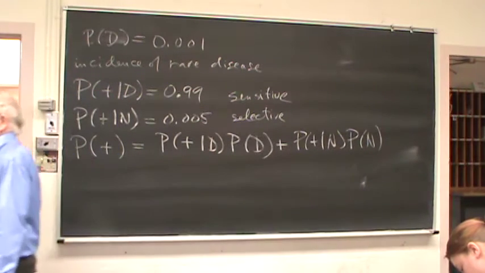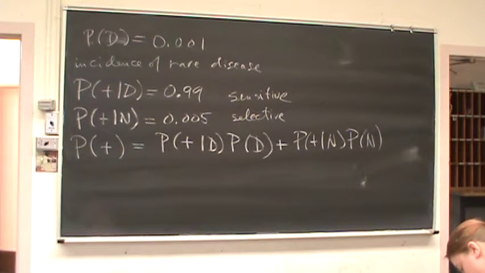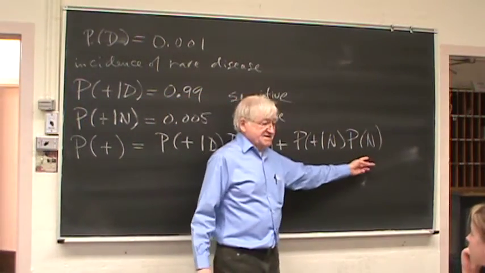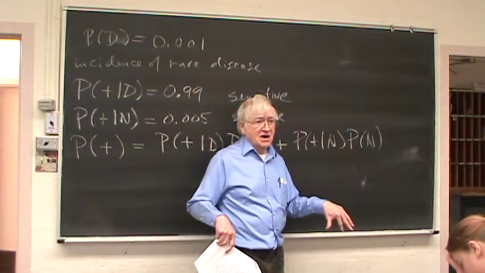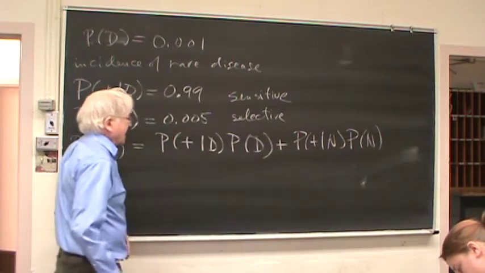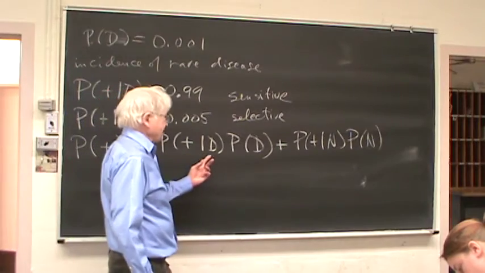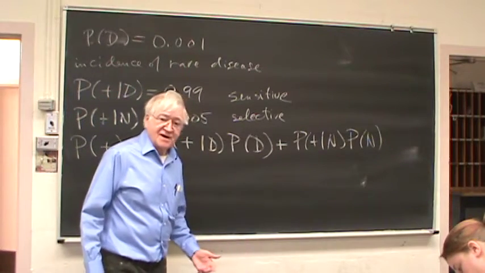So this is where I'm applying this result here, because in this case the A sub Js are diseased or not diseased, which are non-overlapping, and the way to get a positive test is only if you either have the disease or don't.